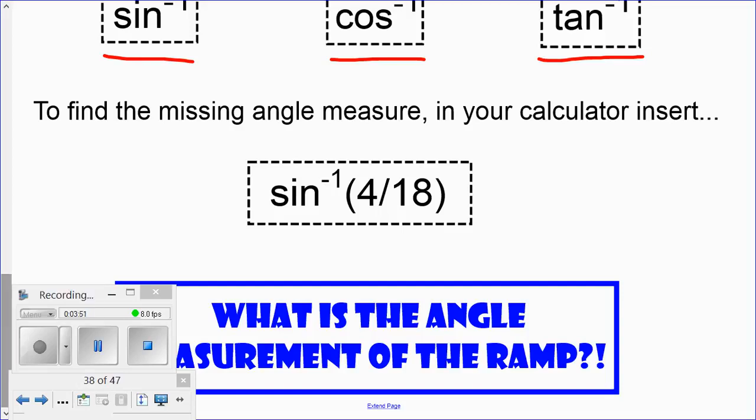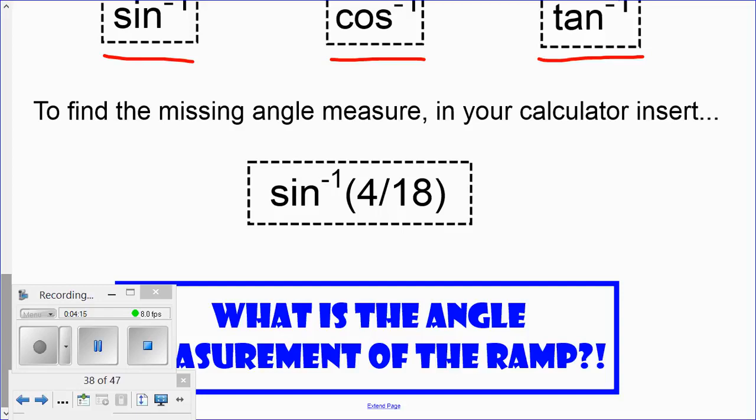So I'm going to type in my calculator the inverse sine, and when you're doing that, usually it's second and then the sine button for most calculators. So I'm going to do the inverse sine of, and then I just type 4/18, 4 divided by 18.